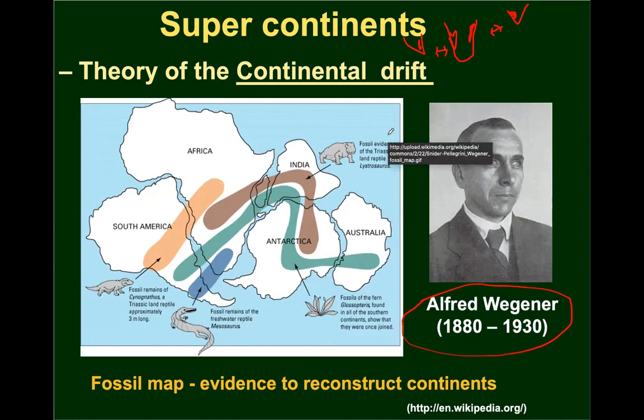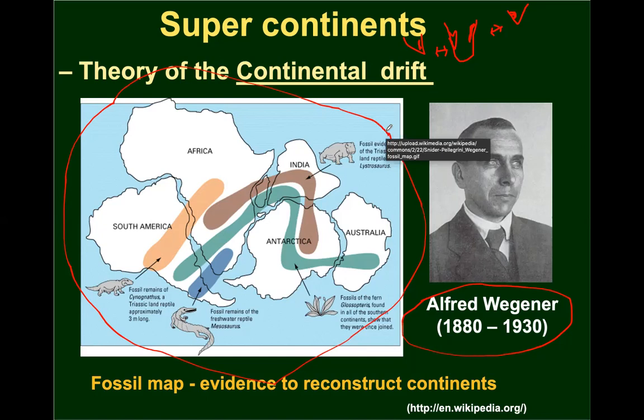So the current configuration of the Earth, he reconstructed backwards by mapping these animal and plant species, right? Then he came out to a configuration like a jigsaw puzzle.